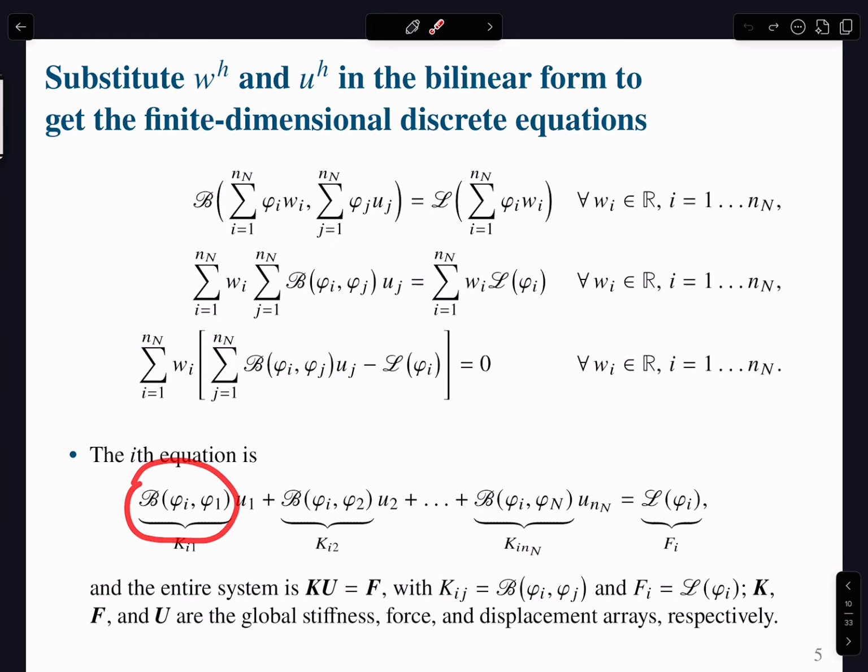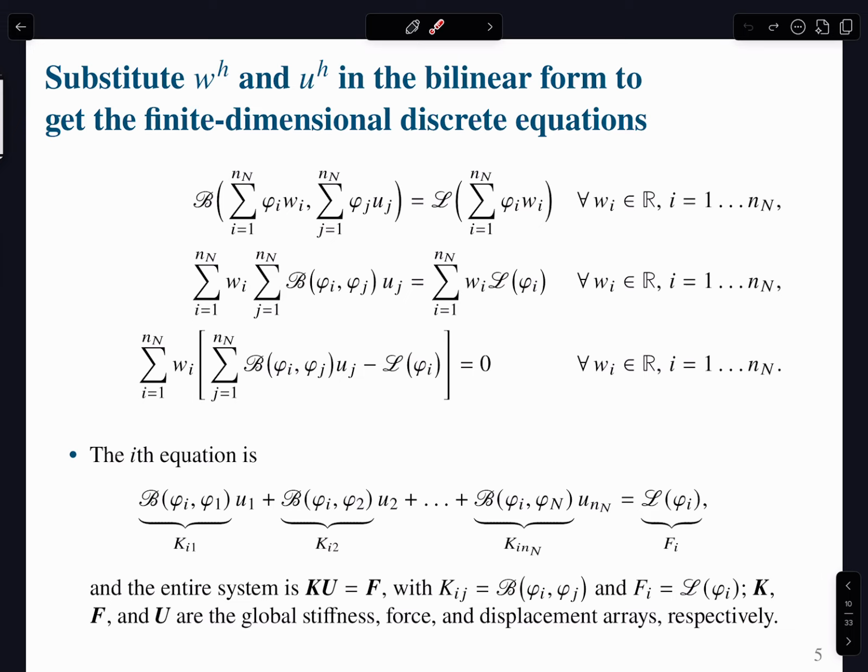And if I call this element here ki1, and this one ki2, you quickly see that I'm essentially showing what the components of my so-called stiffness matrix are. And then on the right-hand side, this is going to be the i-th component of my force vector. So obviously, this expression here leads naturally to my discrete system of equations that I can simply and very compactly write as Ku equals F, where K is my so-called global stiffness matrix, and U is my global degree of freedom vector, which only in this case we can also call the global displacement vector.